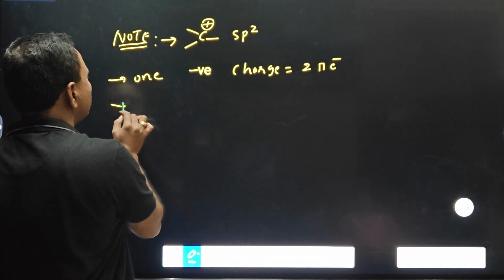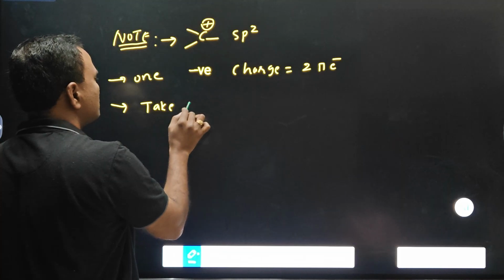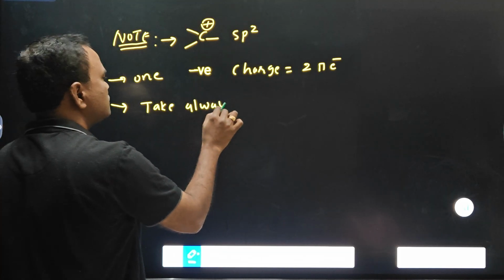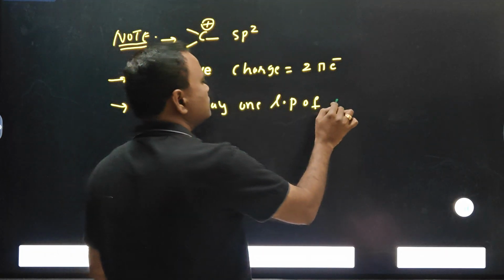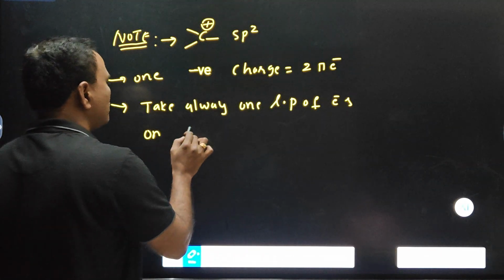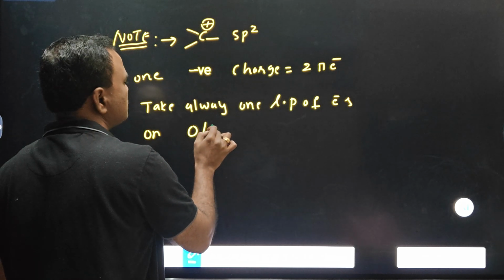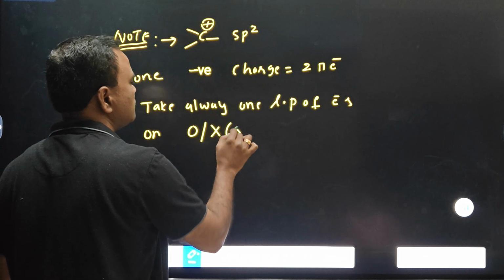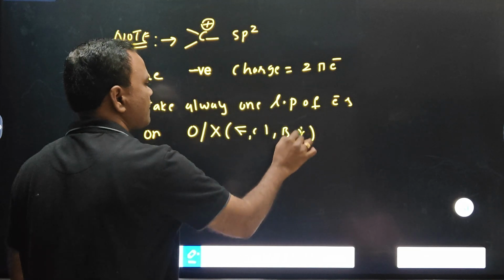That is the first note, the second note, and the third note is: always take one lone pair of electrons on oxygen and halogens, where X is equal to halogen: fluorine, chlorine, bromine and iodine.